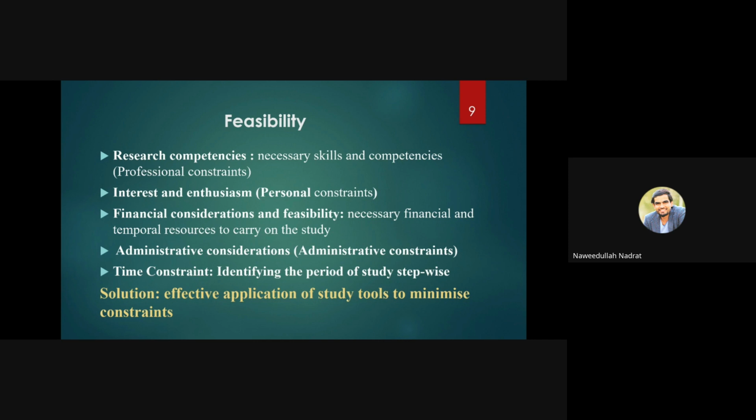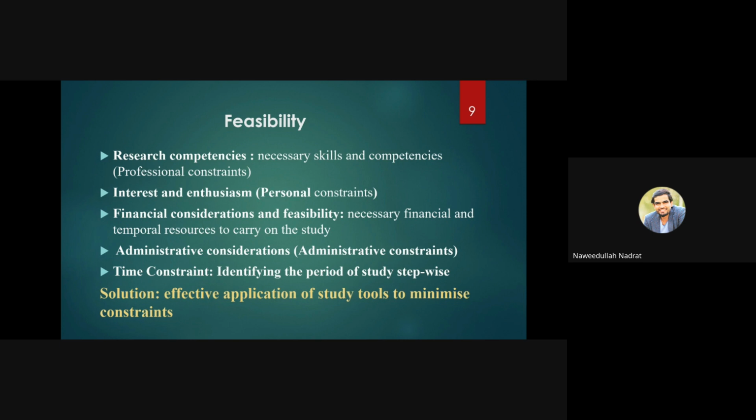Okay. Then second is interest and enthusiasm. Of course, because I have interest in the gender part of the development process. That means again and again I am going to look at those gender issues. Like I had started this whole session by covering one particular relationship between reproductive health of rural women and their educational status.